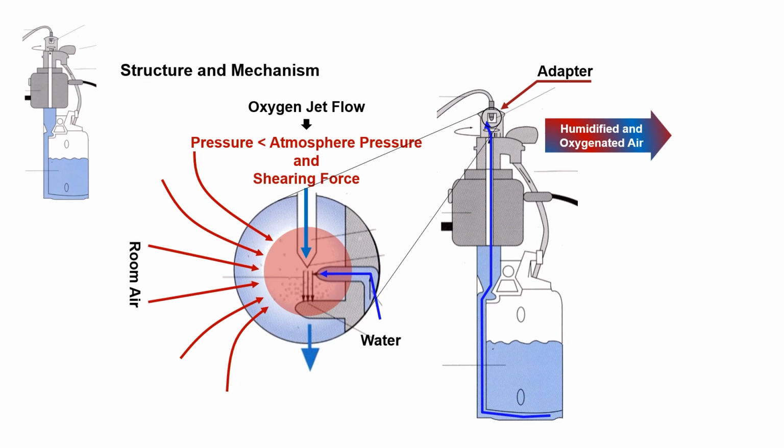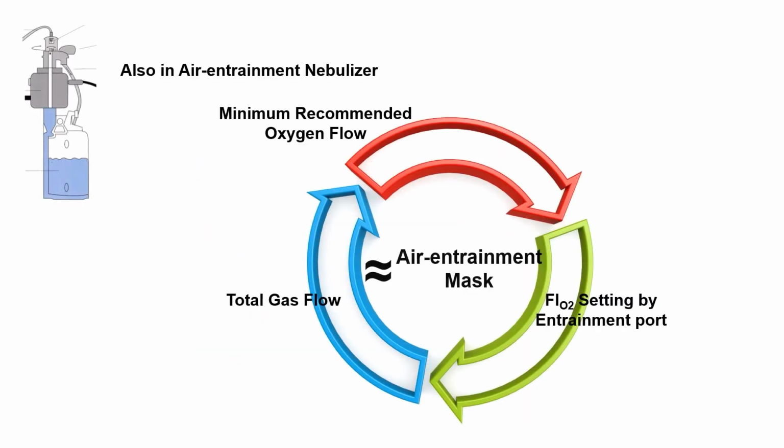This process results in humidified and oxygenated mixed gas being supplied to the patient, facilitating breathing and sputum expectoration. In an air-entrainment nebulizer, the FiO2 setting at the entrainment port, the minimum recommended oxygen flow, and the total gas flow are also closely related. Therefore, it's important to refer to the provided data sheet.